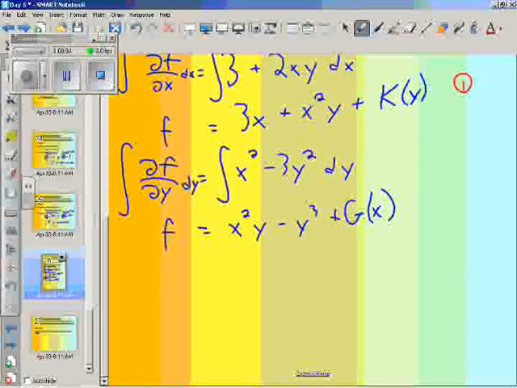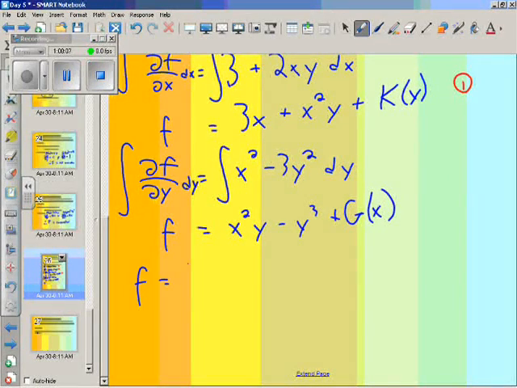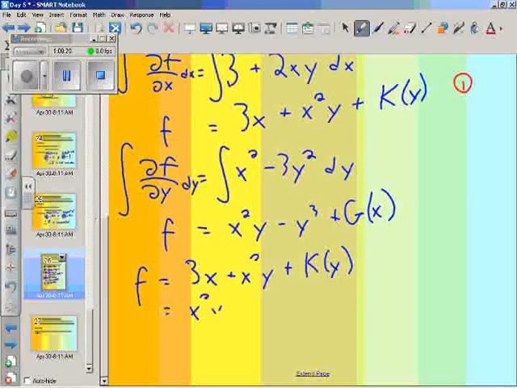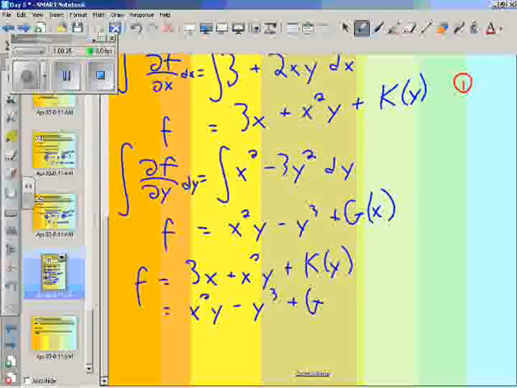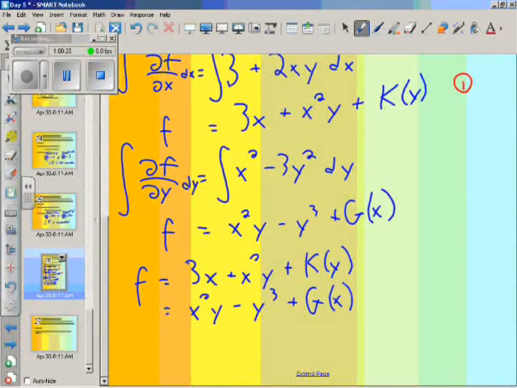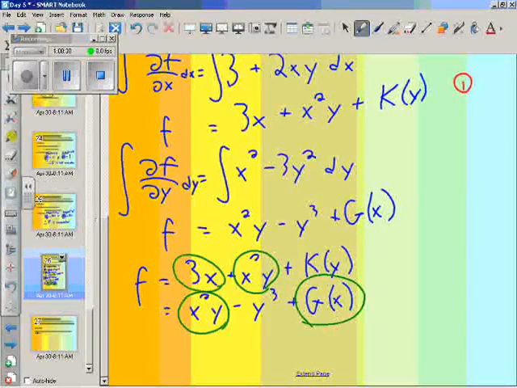Okay, so in other words, we know that f equals 3x plus x squared y plus some function of y. And we also know that it's equal to x squared y minus y cubed plus some function of x. We'll notice we have the x squared y in both of them. And so our function of x must just be 3x, and our function of y must just be negative y cubed.